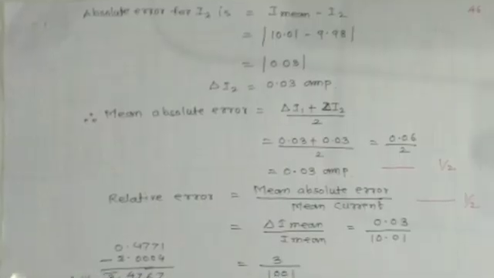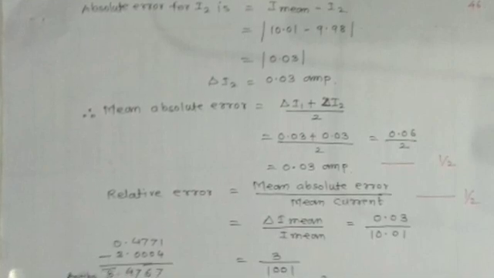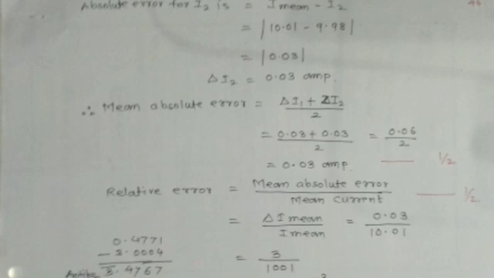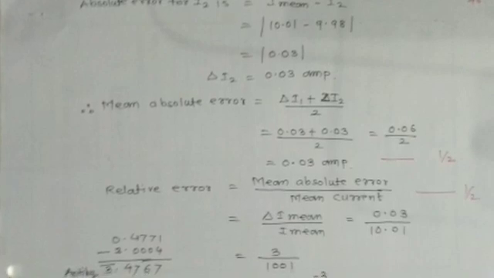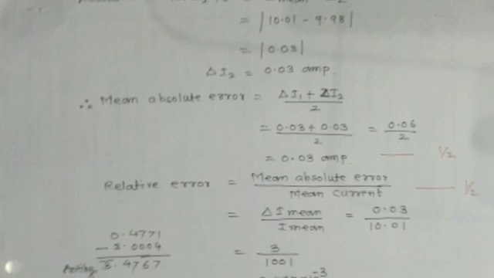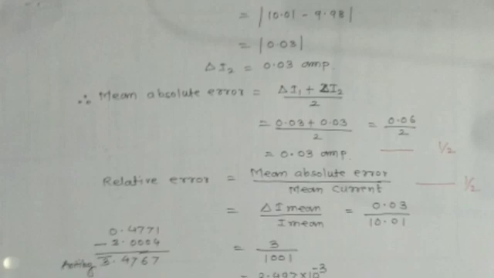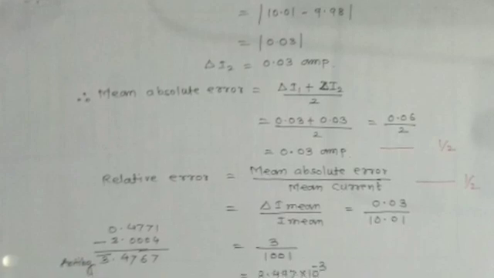Delta I2 will be I mean minus I2, which gives 0.03 ampere. So mean absolute error is delta I1 plus delta I2 upon 2. Mean absolute error will be 0.03 ampere.